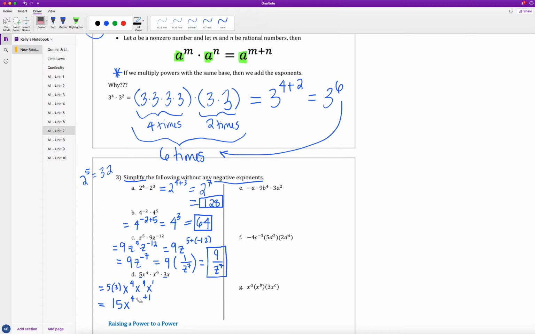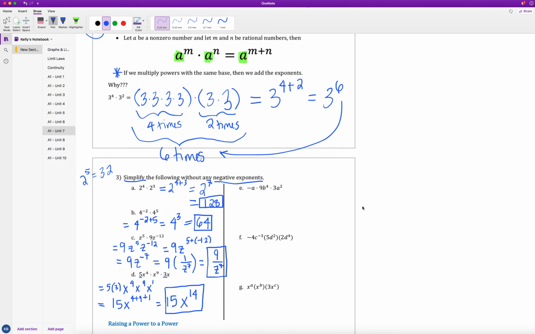So 4 plus 9. When I add those together, remember we already have our 15, and then I end up with x to the 14th power. And there is our final answer.